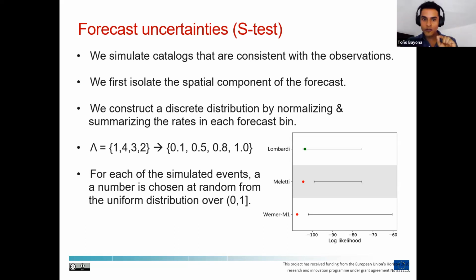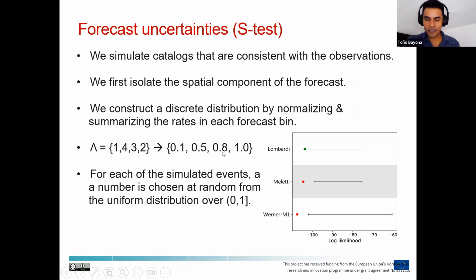For the first earthquake, I randomly select a number between 0 and 1. And let's say that random number is 0.23. So that 0.23 is going to be assigned to the cell that contains that number. So in that case, it's going to be assigned to the second bin of this distribution.